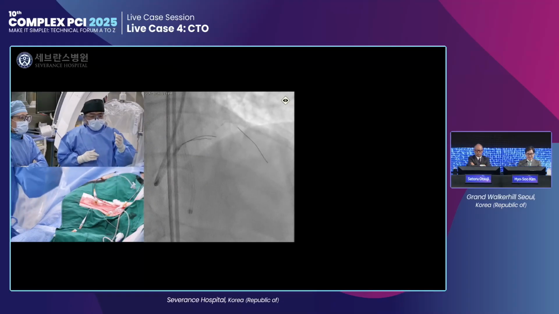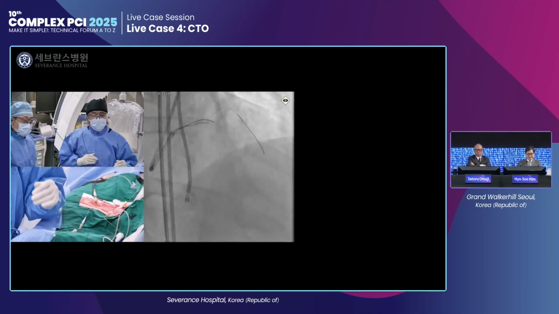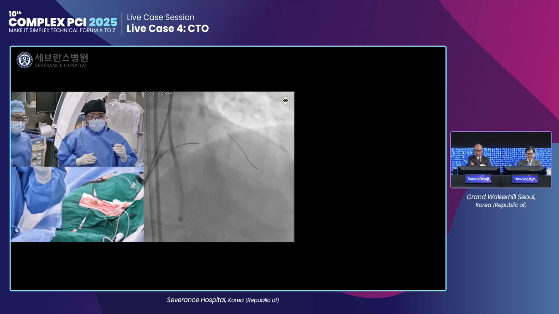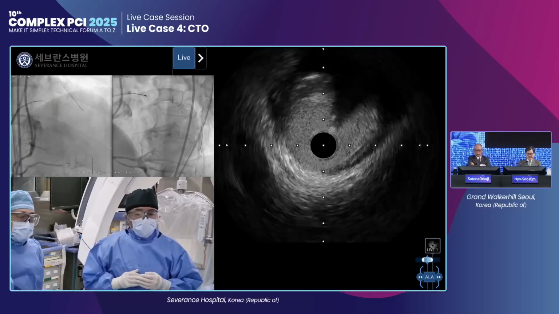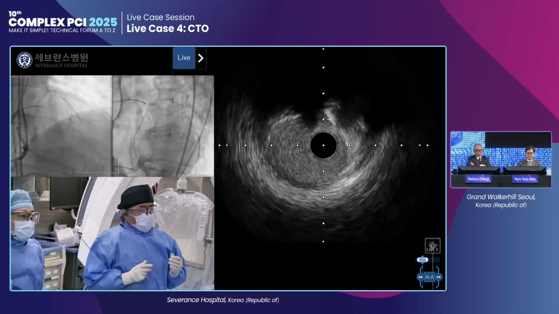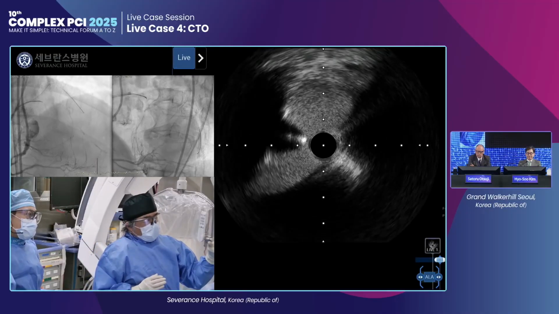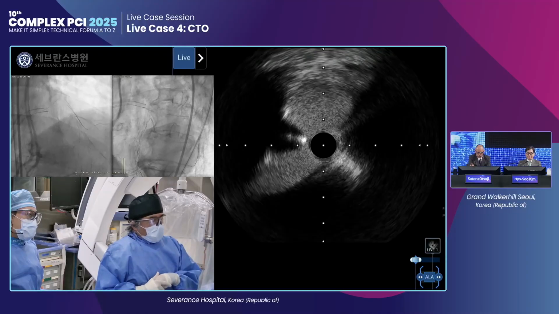And then we checked the IVUS, the IVUS taken with the wire in place. Okay, so from the 1 o'clock is the LAD wire approaching. So in the LAD ostial branch, it would definitely be okay.